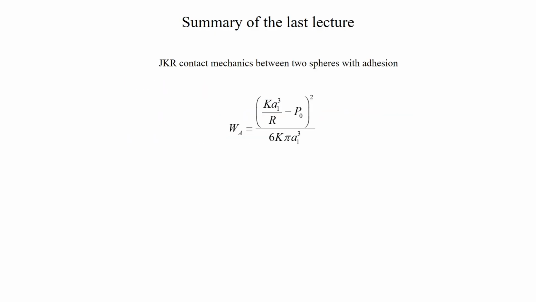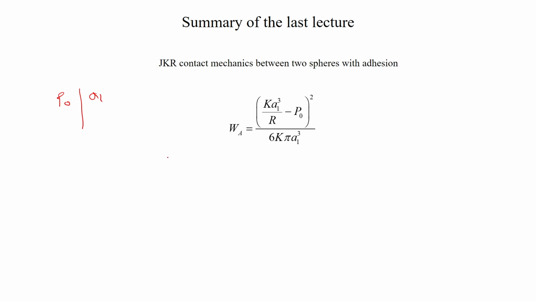In the experiments, we apply different amounts of P0 load and we measure A1. This equation can be written a little differently to help us in analyzing the data, and that is what we are going to do today.